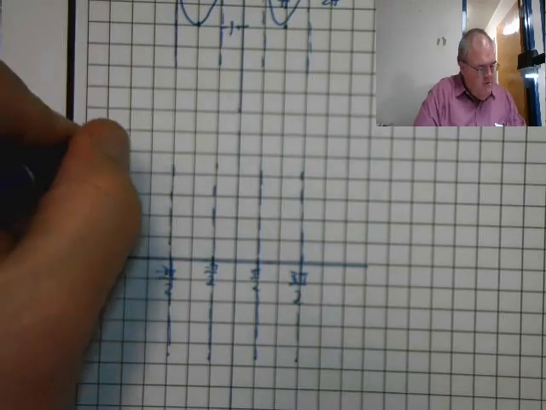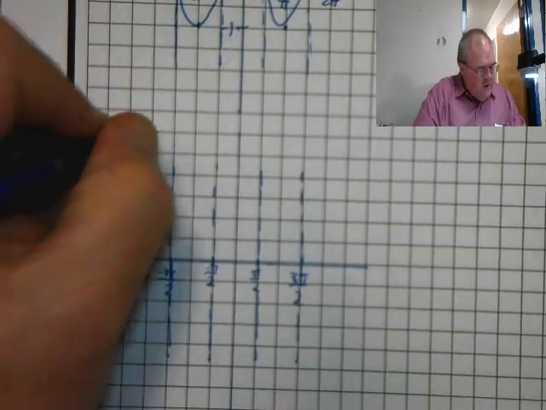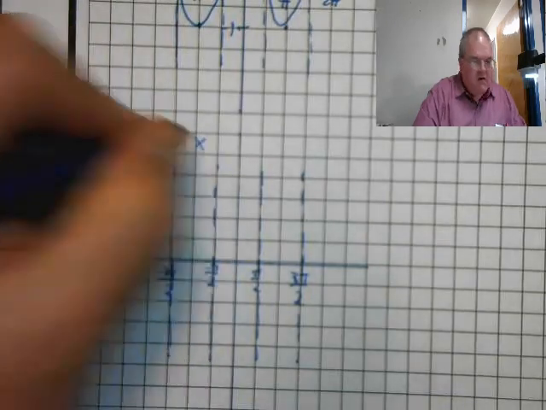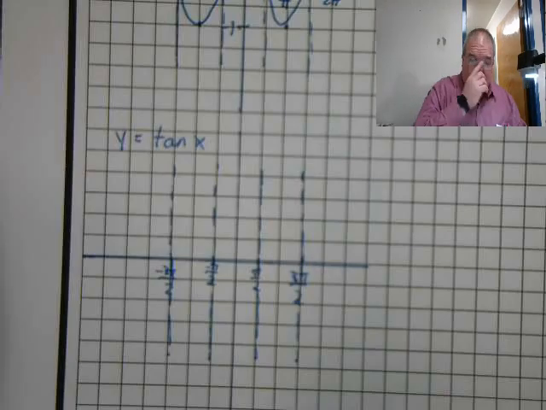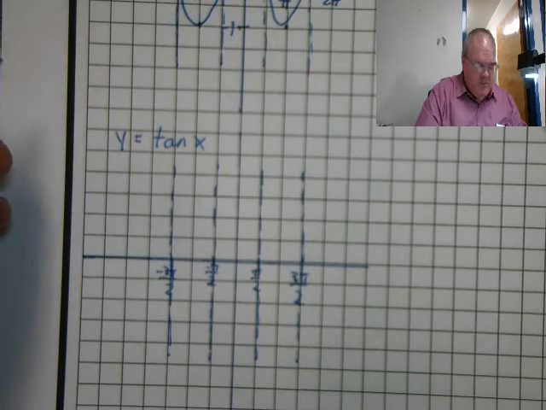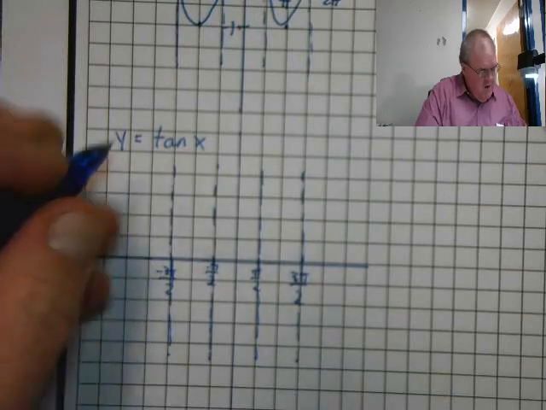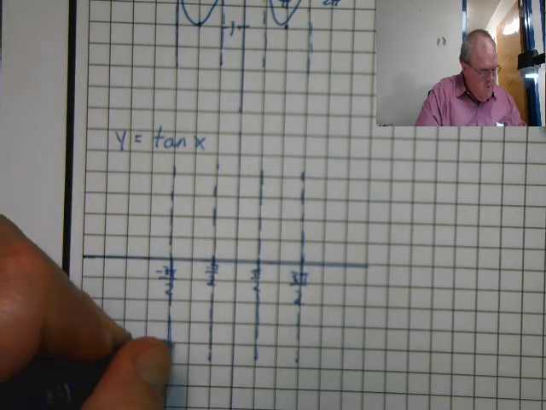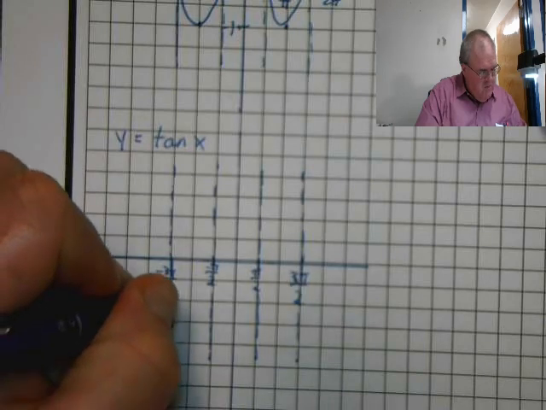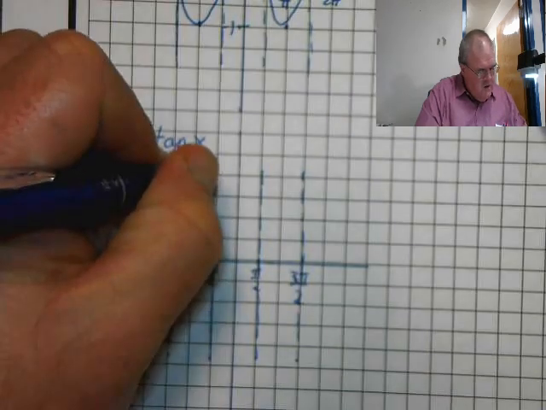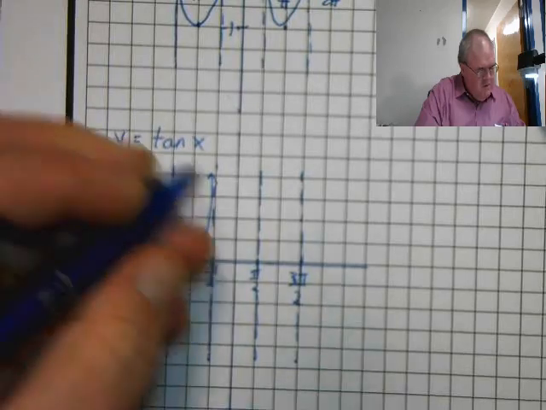Now the shape of the tangent curve, the shape of y equals tangent of x, is going to be: we are going to come up and we're going to have this shape.